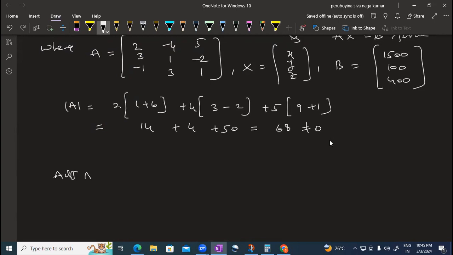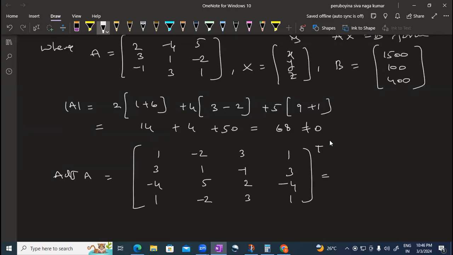And we will calculate adjoint A directly. From the middle, start writing the cofactors, and whole transpose.